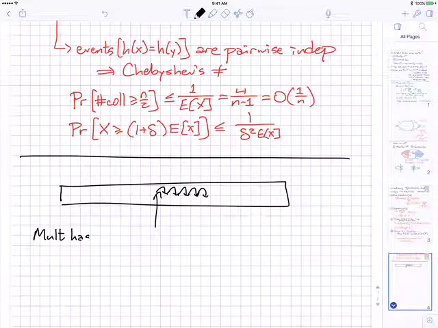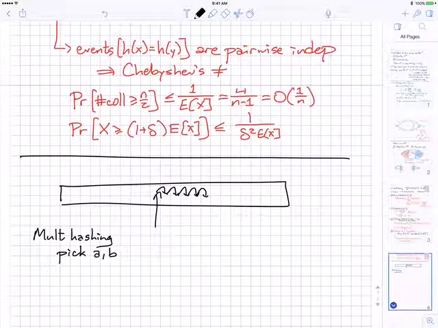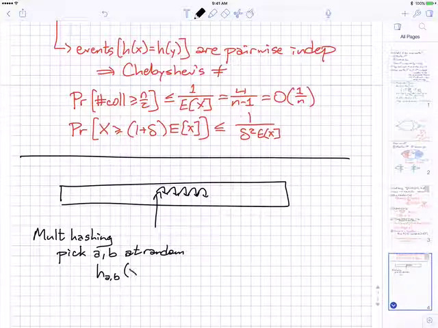Multiplicative hashing. The idea is that I pick some so-called salt parameters at random, and then I have this function that depends on these parameters, which is at its core ax plus b.